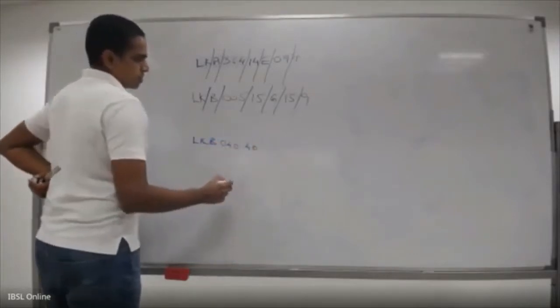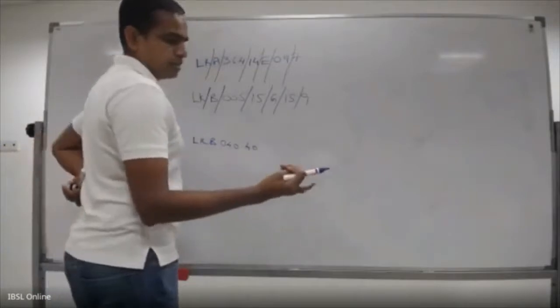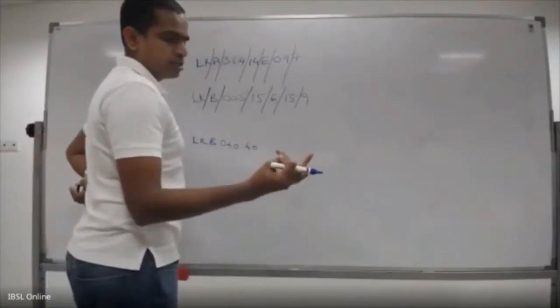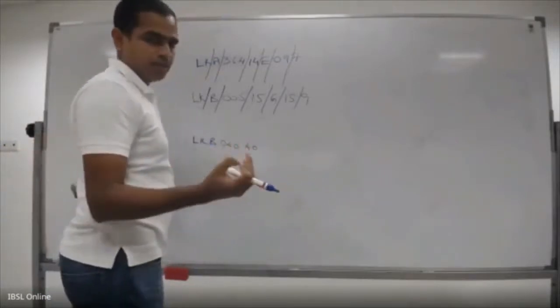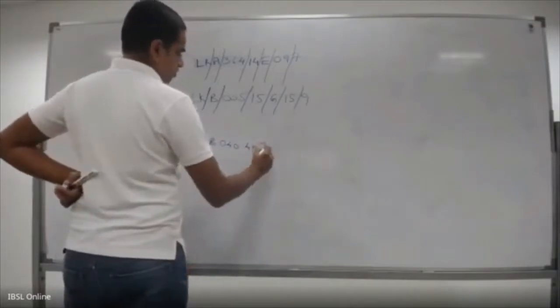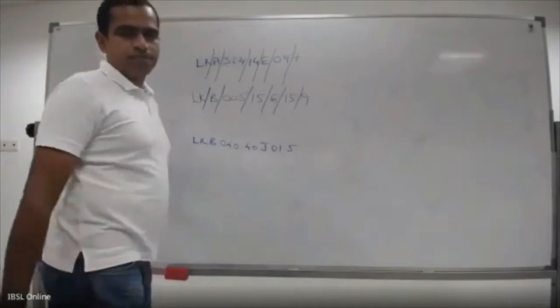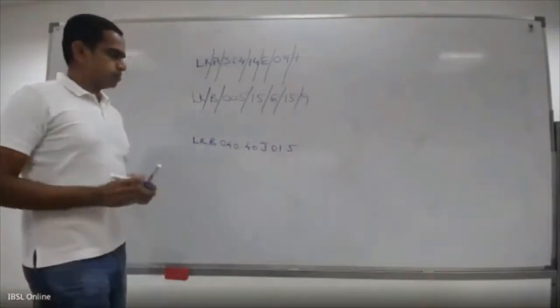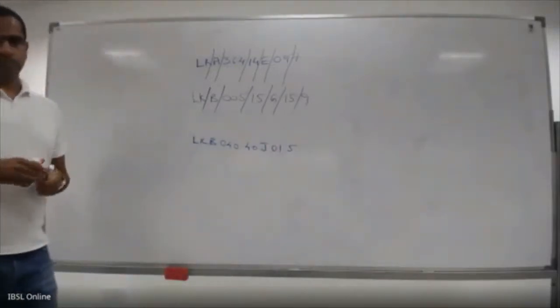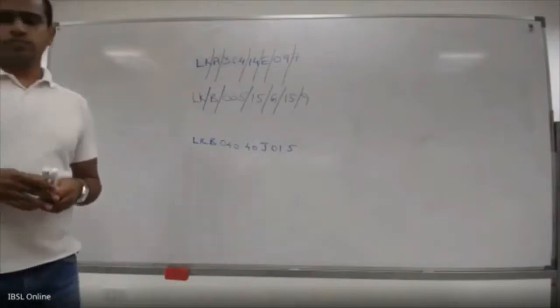October is A, B, C, D, E, F, G, H, I, J. It's the 10th month. That is J. 01. Check digit I said was 5.